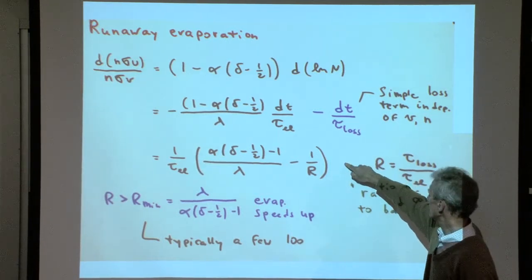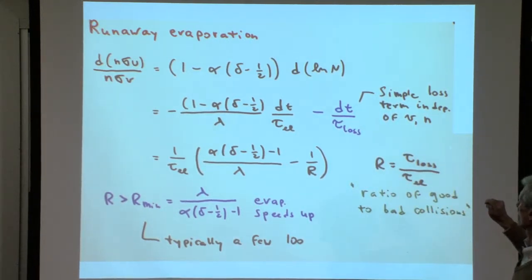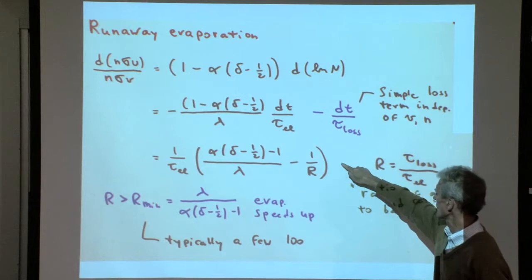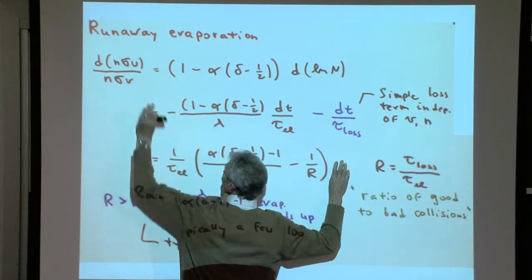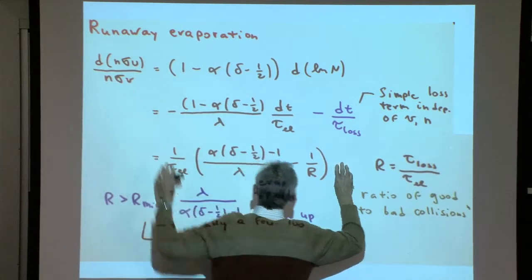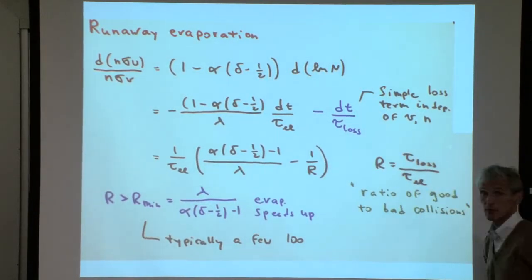Just wondering, is a dt missing here or not? Yes, so there should be a dt. So this tells me how the collision rate changes as a function of time.